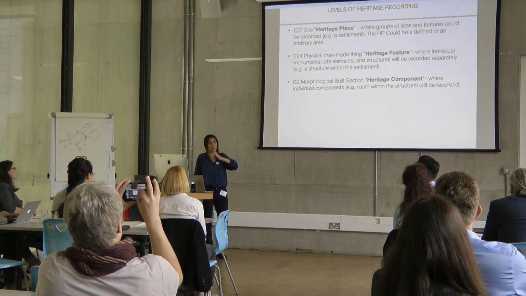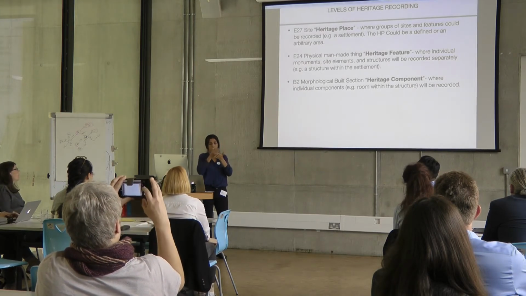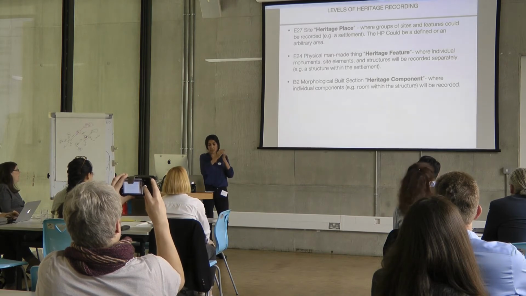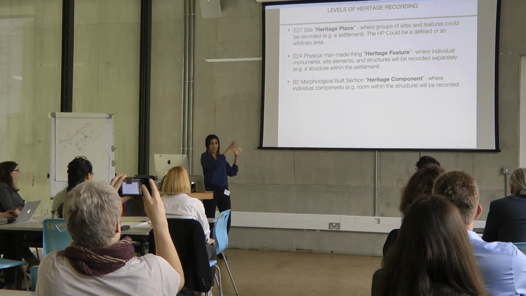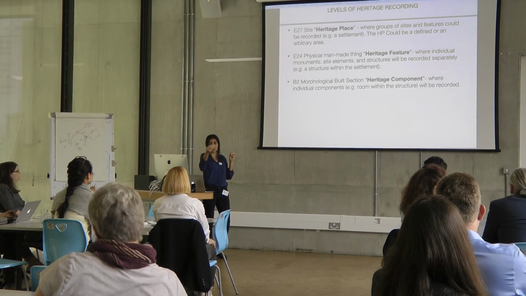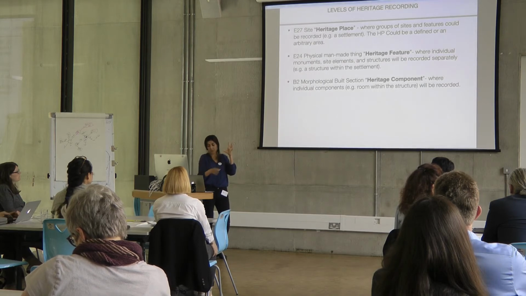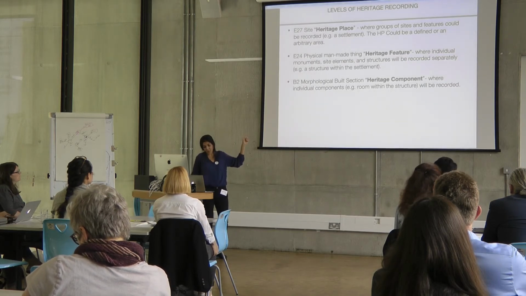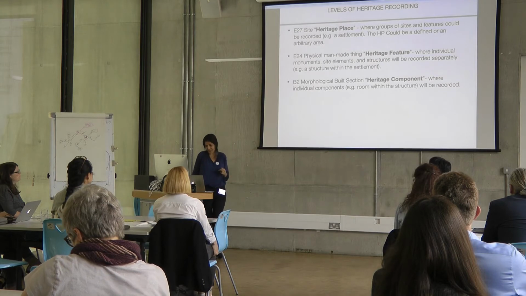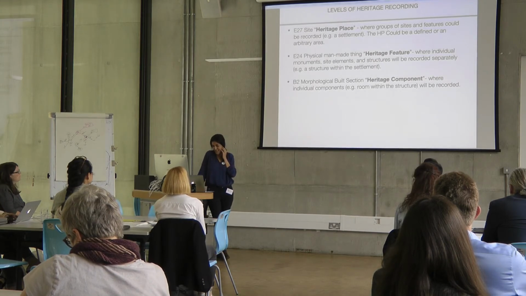Then we add more levels to the heritage place. We say this place is composed of different features. So if you have a settlement, it's composed of different individual site elements or monuments, and for that we use E24 Physical Human-Made Thing.